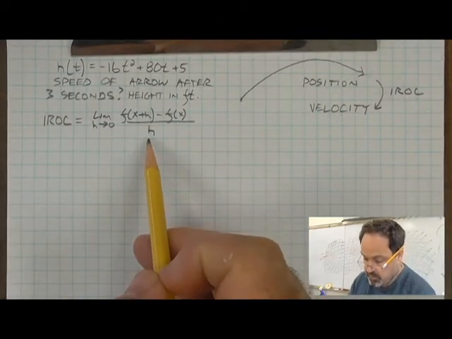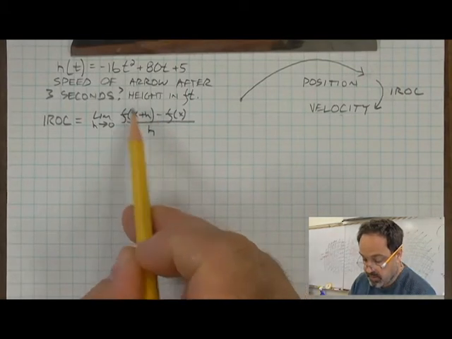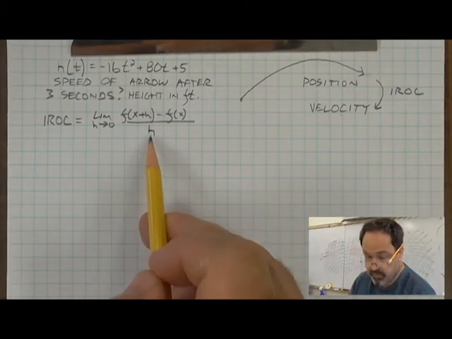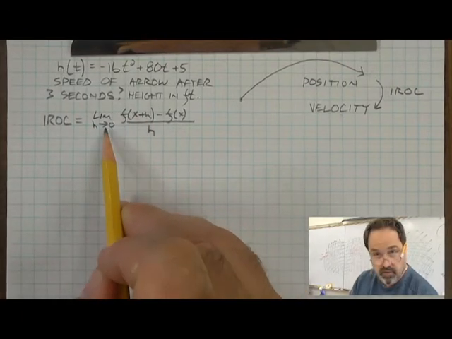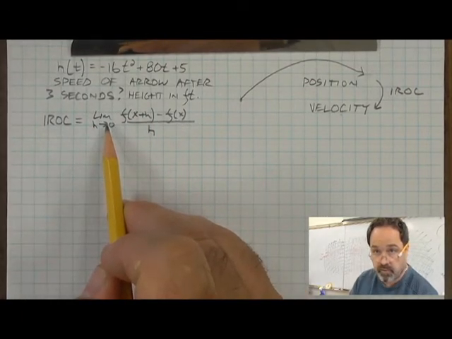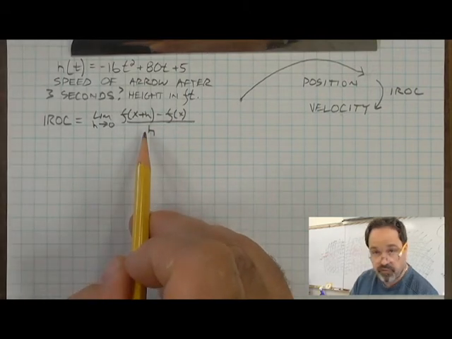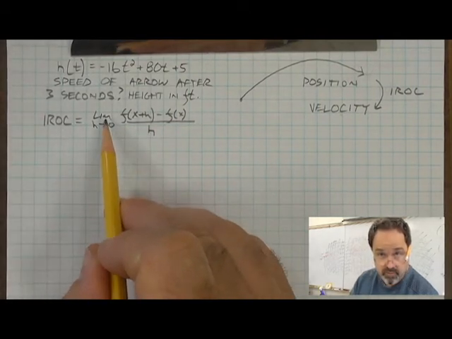Notice that I'm using the symbol h in the IROC expression to be the horizontal change. That horizontal change is going to 0, and from previous lessons we know that that's how an average rate of change becomes an instantaneous rate of change.